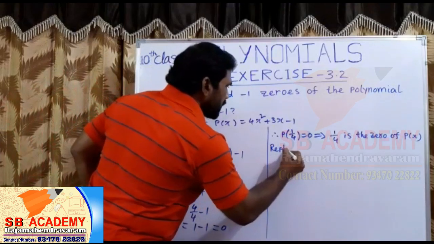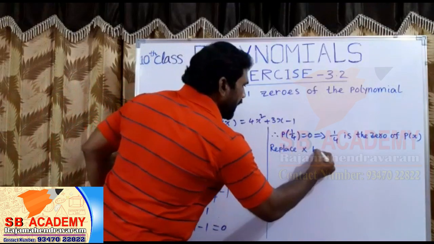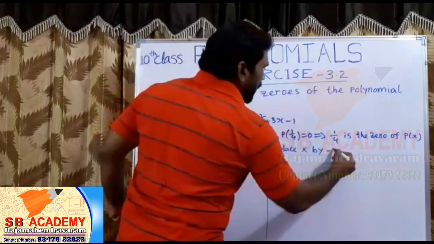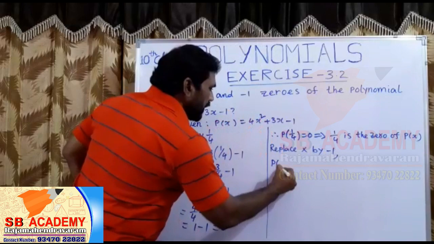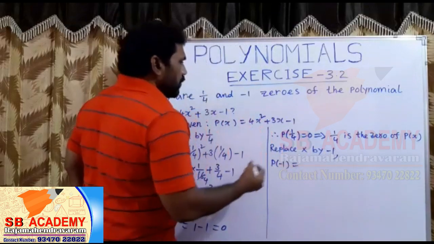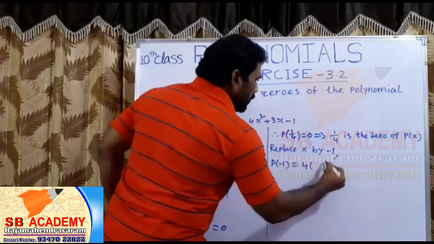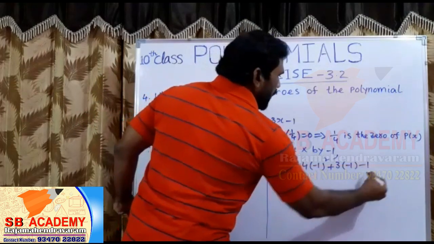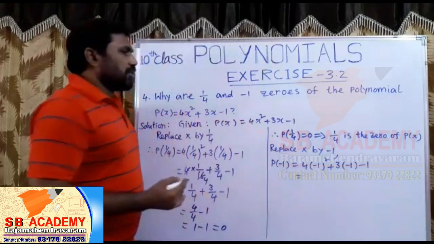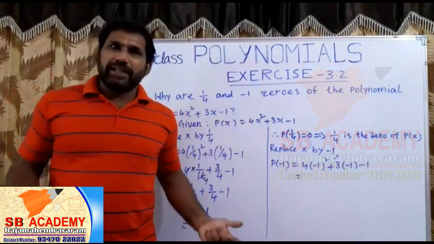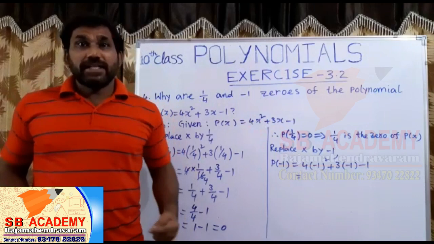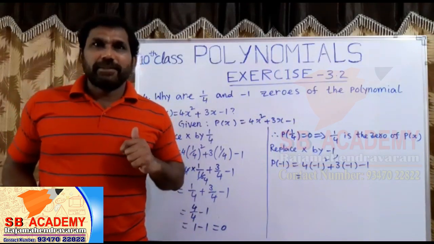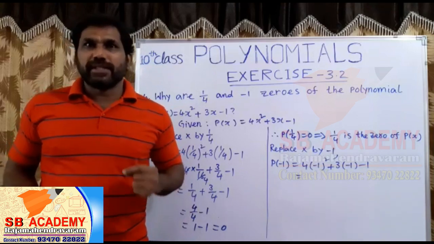And another one is minus 1. Replace x by minus 1. Then p of minus 1 equal to 4 into (minus 1) whole square plus 3 into minus 1 minus 1. So (minus 1) whole square means minus 1 into minus 1. Minus 1 into minus 1 is equal to how much, children? Minus into minus is plus, 1 ones are 1.